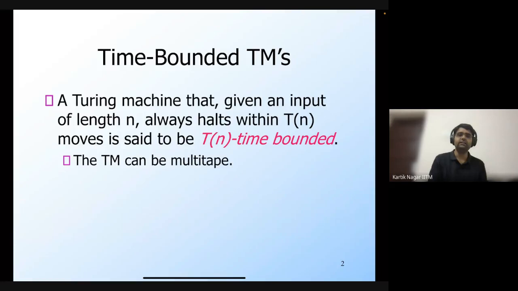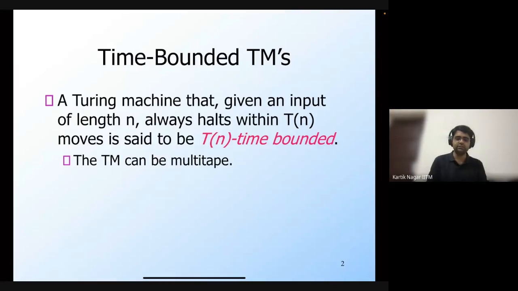And if we can guarantee that for all inputs of length n, this Turing machine will definitely halt within T(n) moves, so we are saying it always halts, then we are already talking about only total Turing machines. Irrespective of whether or not the input is in the language, it should definitely halt. And if it halts within T(n) moves, then it's called T(n) time bounded.